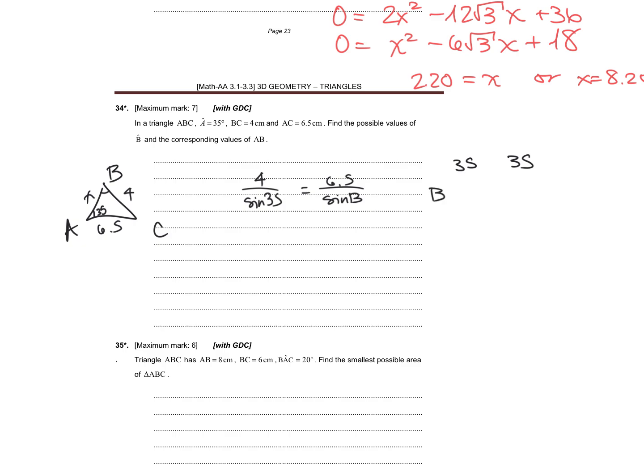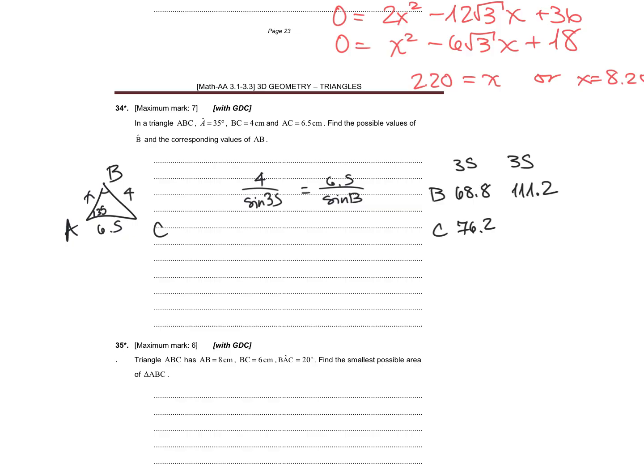And then B is here and C is going to be here. So we get 68.8. And when we do 180 minus that, we get 111.2. And then, of course, our triangles have to add up to 180. So this one is 76.2.